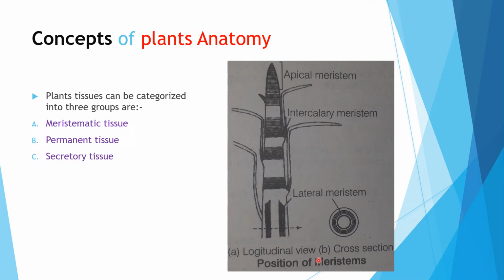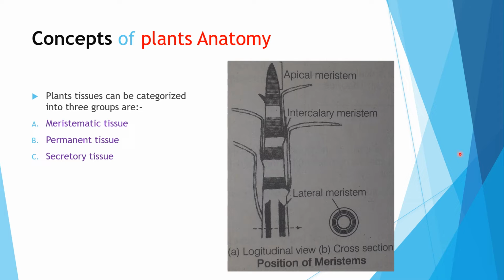It shows the position of the meristematic tissue. So what is the function of meristematic tissue? It is immature, while permanent tissue supports differentiation, while secretory tissue helps in excretory products.